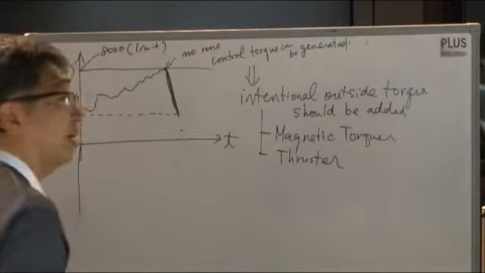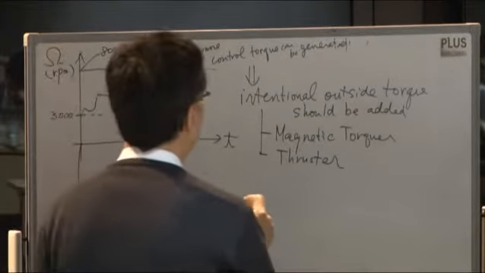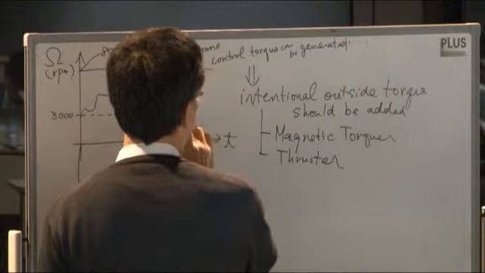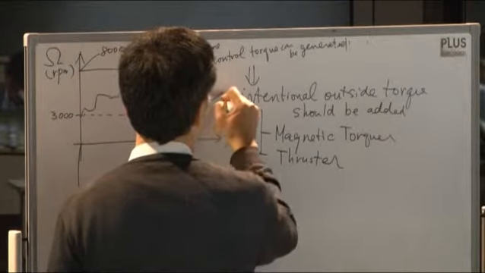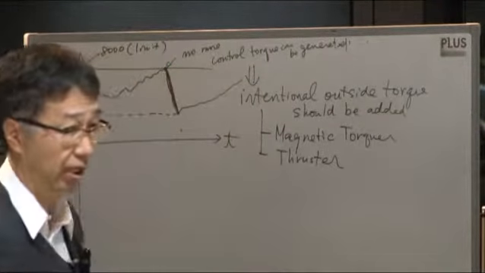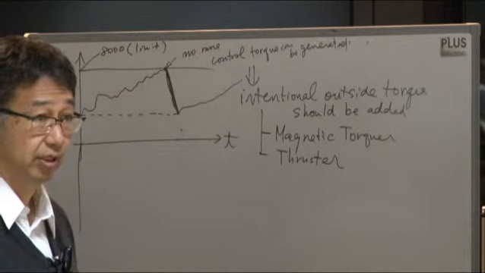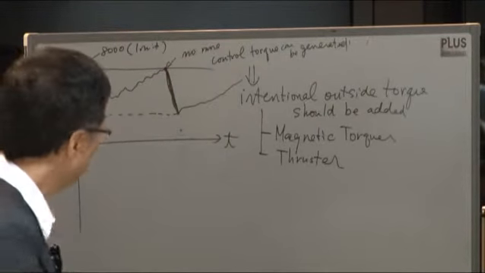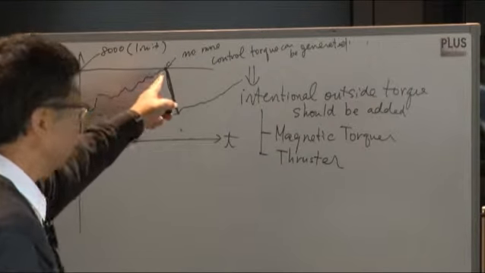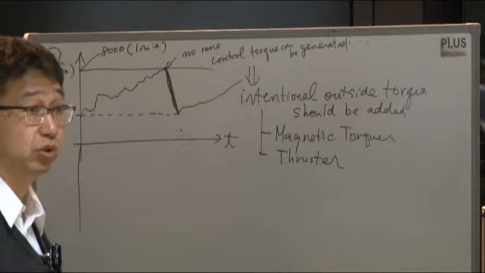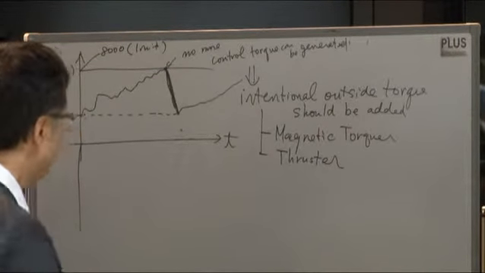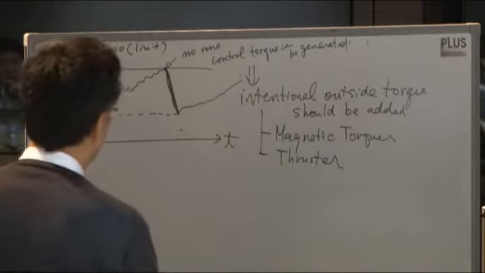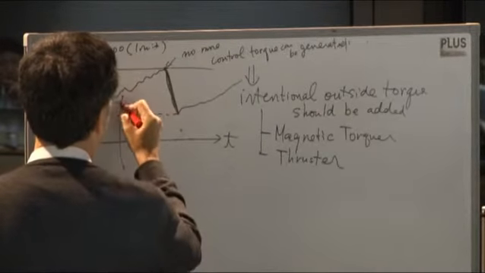And then the wheel speed changes again from here, and at some point it goes up again. So why does this growing of the wheel speed occur? It comes from the disturbance torque.